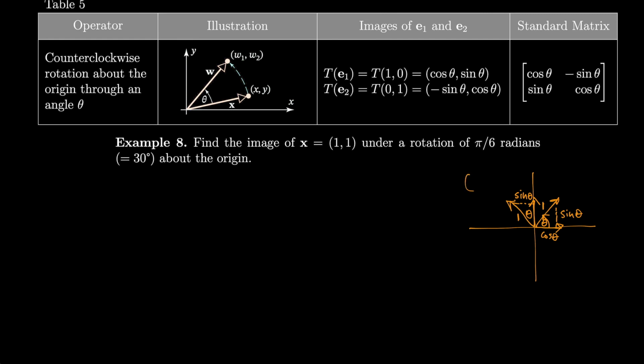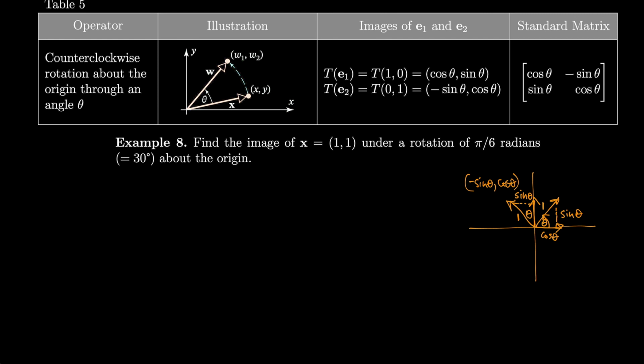Notice if I want to write the coordinates, the x-coordinate is negative in this quadrant, so that's minus sine theta. The y-coordinate would be cosine theta, and it makes sense that we'd have minus sine theta, cosine theta for that. So this is the transformed E1, this is the transformed E2, and it makes sense that this is our standard matrix for counterclockwise rotation.